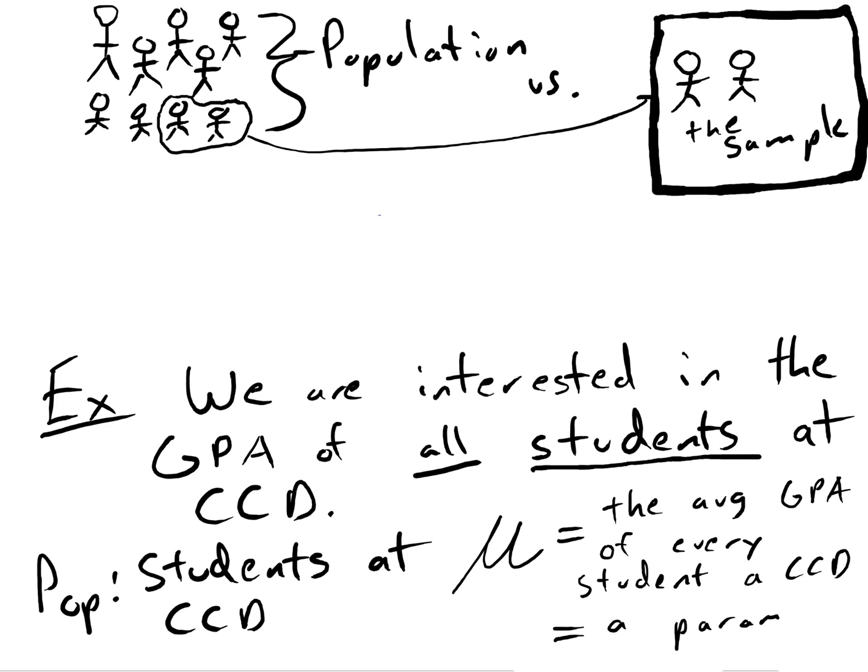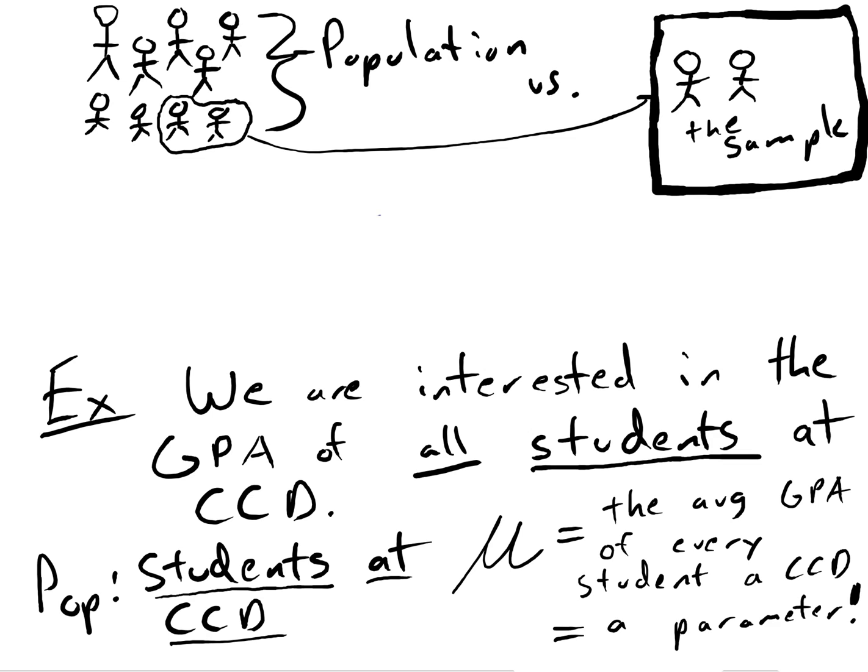And that is going to be harder to know because that involves finding the average GPA of every single student at CCD, adding up all those GPAs and dividing by the number of students. And it's true that in this case, probably the school has data on what everybody's GPA is, and the school can probably do that.